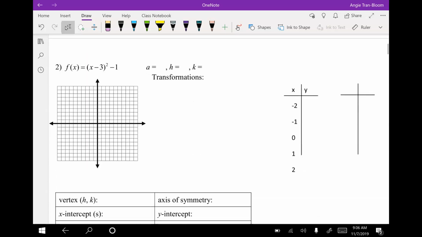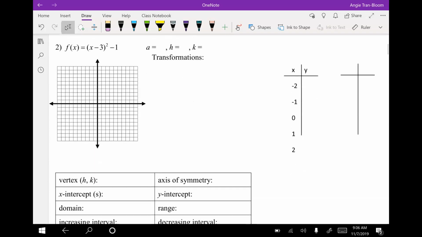All right, example 2. We have 2 examples that we will work on together, and the last one I'm going to have you guys do as a check for understanding. Okay, number 2, f of x equals quantity x minus 3 squared minus 1. If there is no number at all in front of the quantity, what number is that? 1.